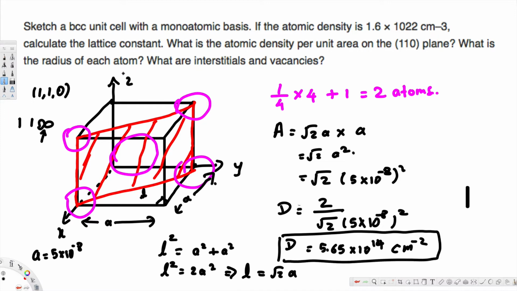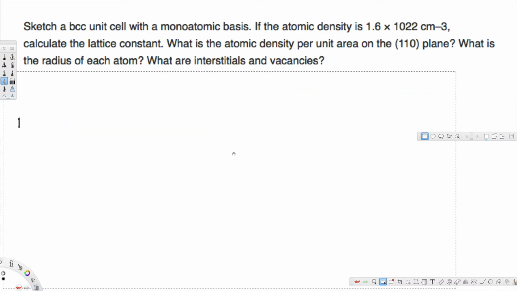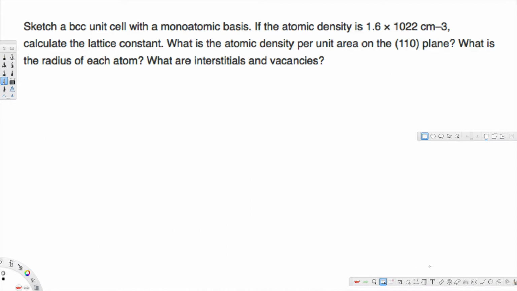What is the radius of each atom? Okay, now let's get rid of all of this and see how we can calculate the radius. Now let's look at the structure of the body-centered cubic structure. Again, I have to draw another cube.